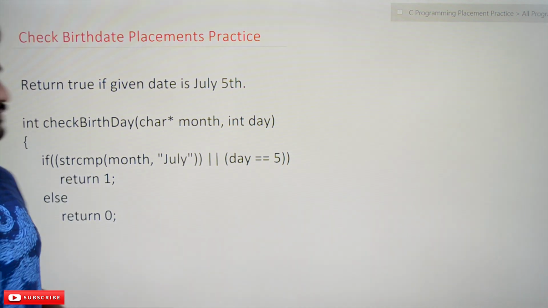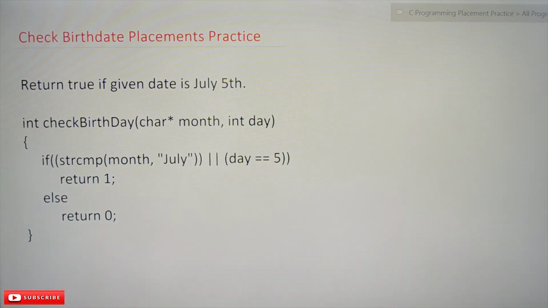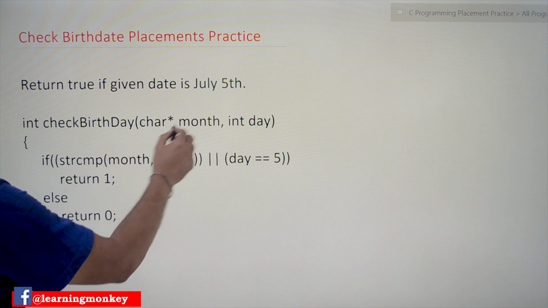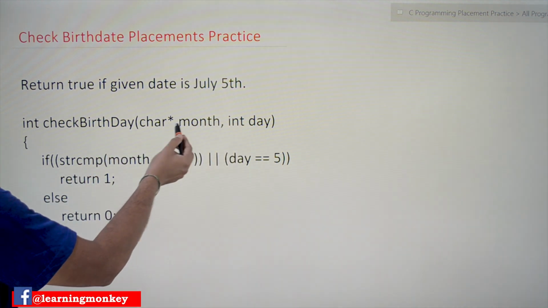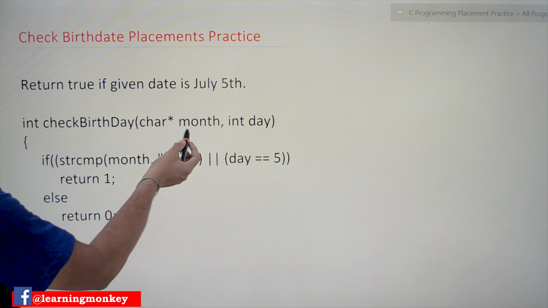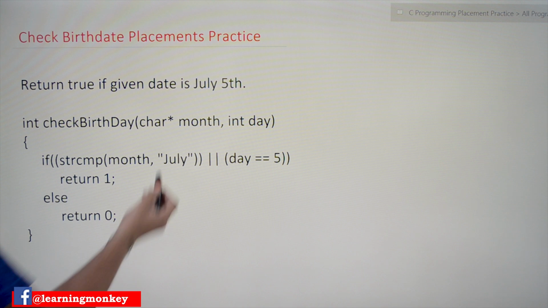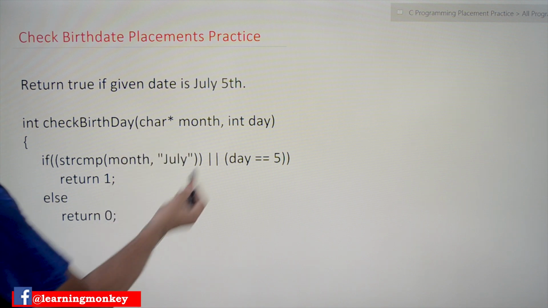False means 0. So here these are the parameters. It is a char star month, a pointer which points to the character, and this is day.